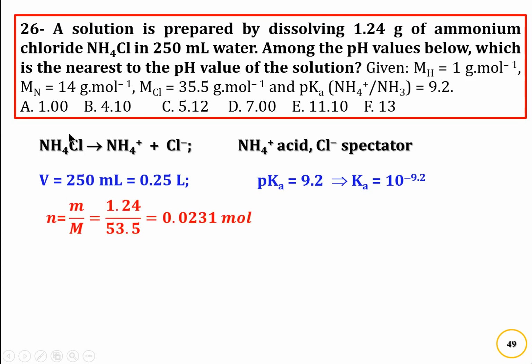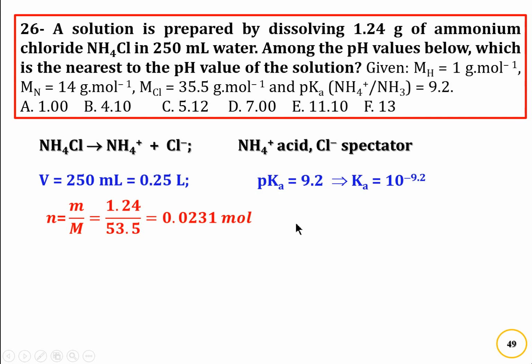The number of moles of NH4Cl initial is equal to the initial mass, which is 1.24 grams, divided by the molar mass, which is 53.5. So the initial number of moles of NH4Cl equals 0.0231 mole.